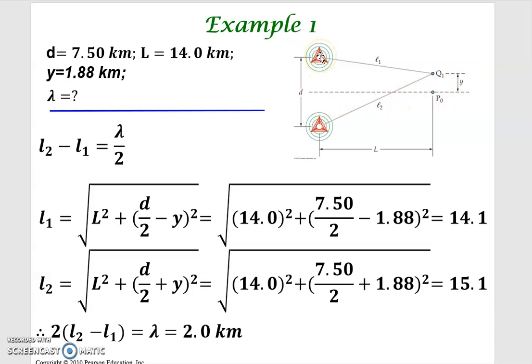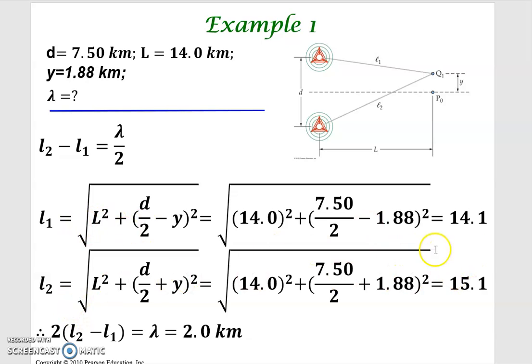So the distance from the source to this triangle is 2d minus y. From this triangle, you can calculate L1. And how about L2? For L2, you should use this triangle here. The length of this side is capital L, but now the length of this side is 2d plus y. So now use the trigonometry relationship, and you can calculate L2.